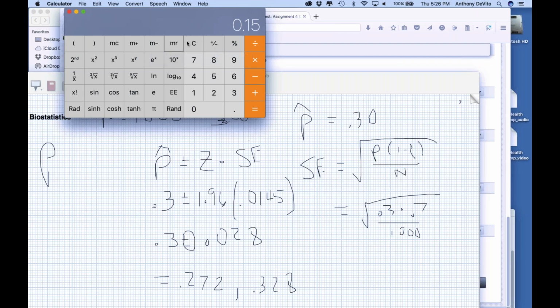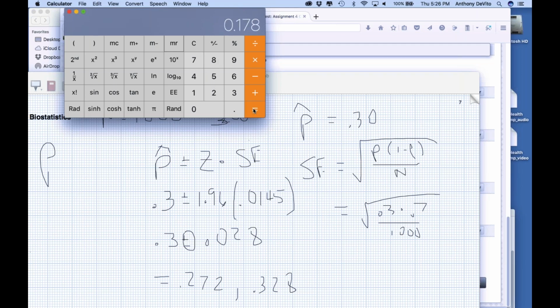I messed this up. 0.15 minus 0.028. Oh, I just did that. Clear. 0.15 plus 0.028. I can't win. 0.15 plus 0.028 is equal to 17.8.